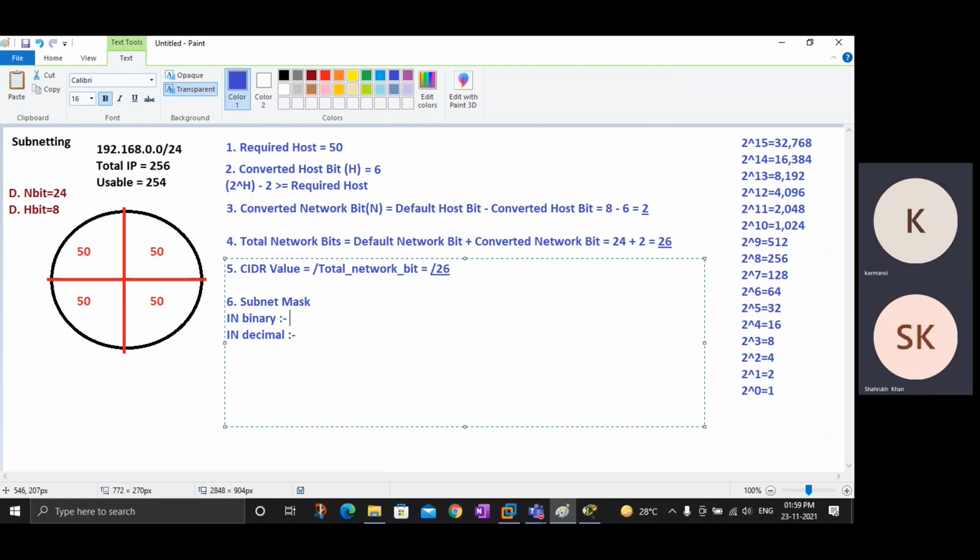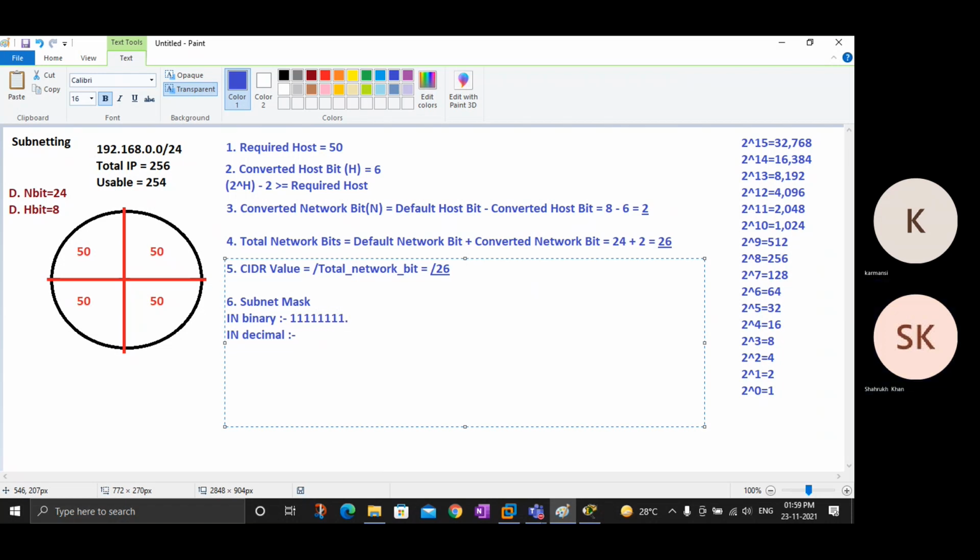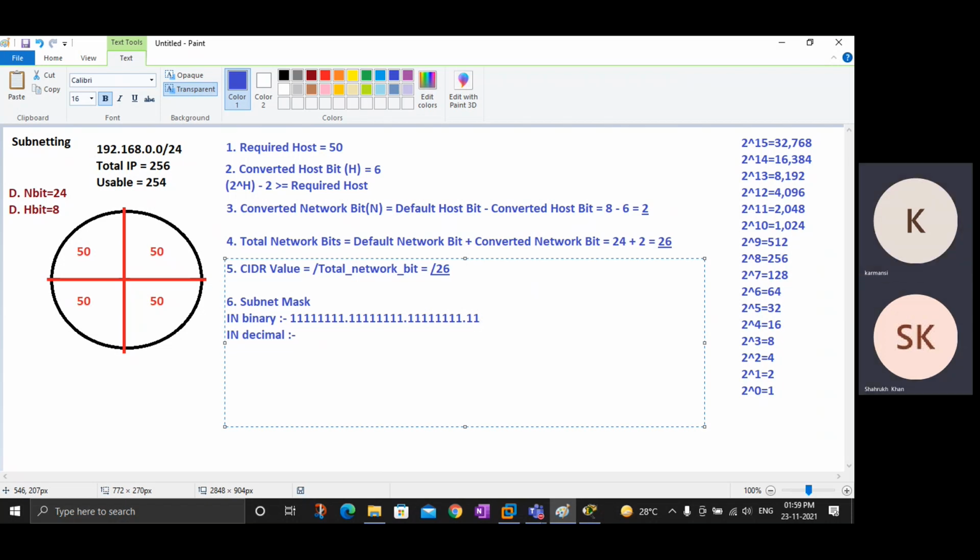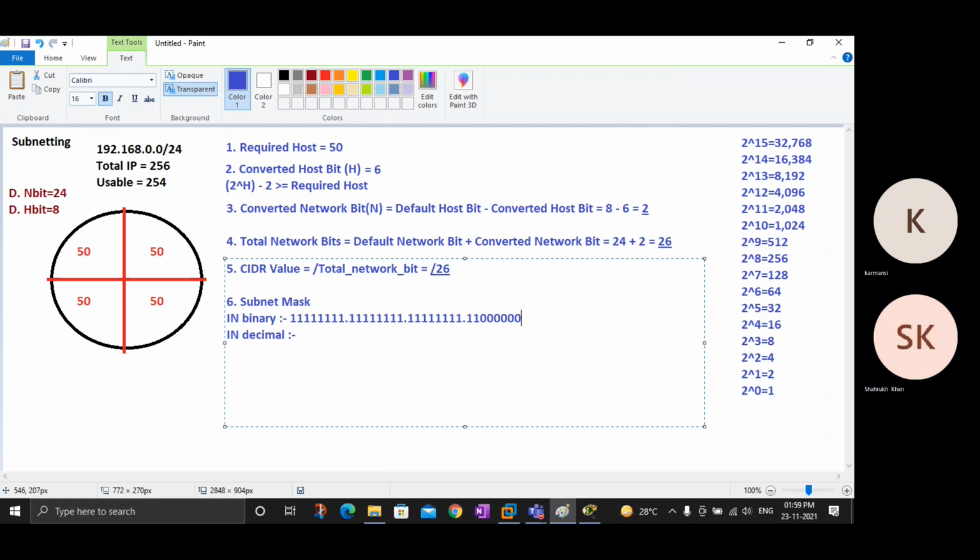So just write 1 twenty-six times. 1 2 3 4 5 6 7 8 dot 9 10 11 12 13 14 15 16 dot 17 18 19 20 21 22 23 24 and then 25 26, and the remaining will be 0. Now convert this value and tell me.